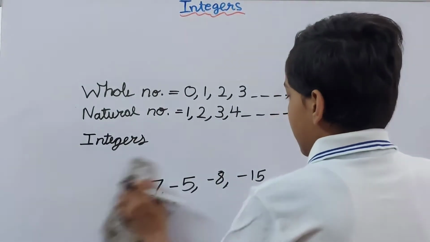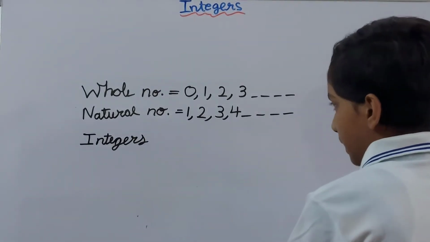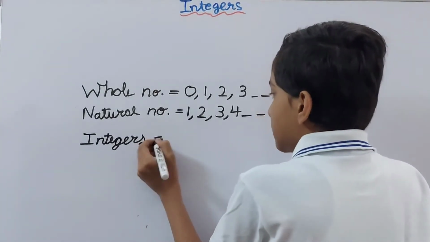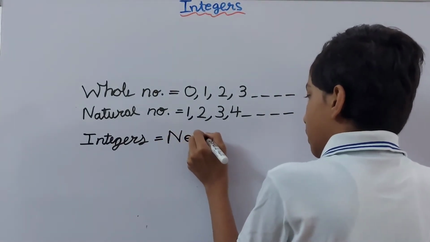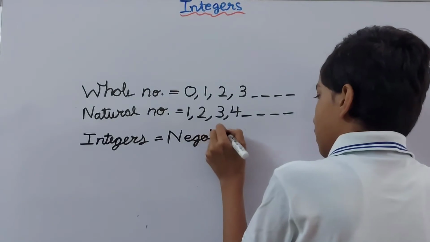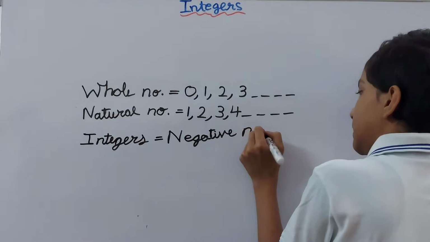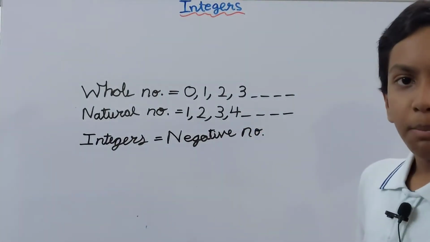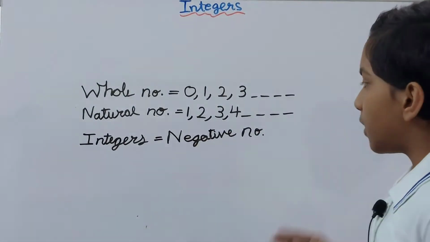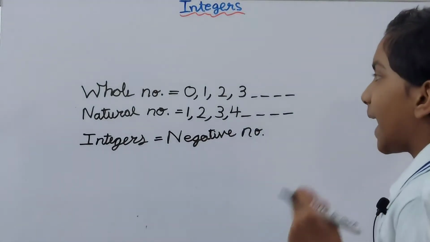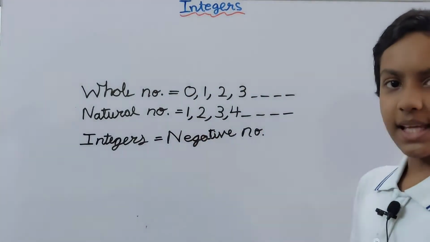So, let's see what numbers we get in integers. We discussed two types of numbers. The first one was negative numbers, and the second one was positive numbers. But friends, over here there is one more number which joins the integers, and that is 0. 0 is at the center.